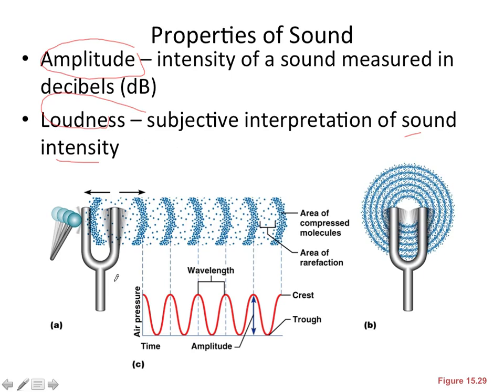If we look at this graph, this is the sound wave. If we measure from the wave peak to the wave bottom, from crest to trough, the distance from crest to trough is the amplitude. So amplitude represents the energy, the loudness of the air sound.